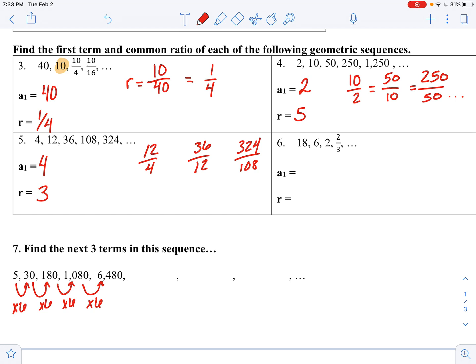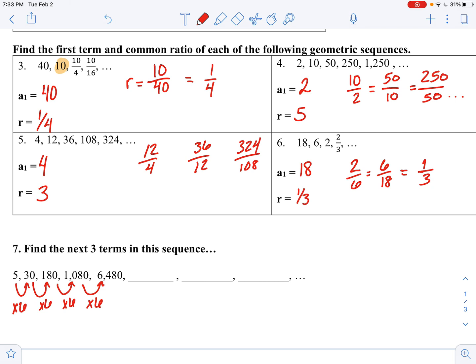And then for 18, 6, 2, 2/3, I could take 2 divided by 6, or 6 divided by 18, and I could simplify these to get 1/3. So I'm multiplying by 1/3 every time. My first term is 18, and my ratio is 1/3.